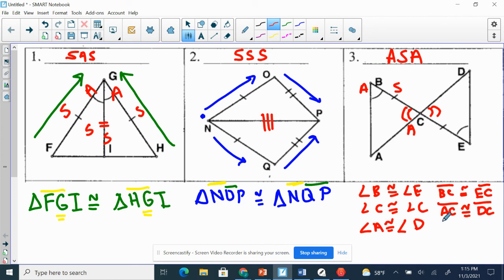And then side BA, from ED to ED. So you want to work in the same direction. And if they have markings that differentiate, you definitely need to make sure that you are making them match up appropriately. So there's 3 quick different rules from yesterday, just as a review, if you need to go back and work on your bell ringer.